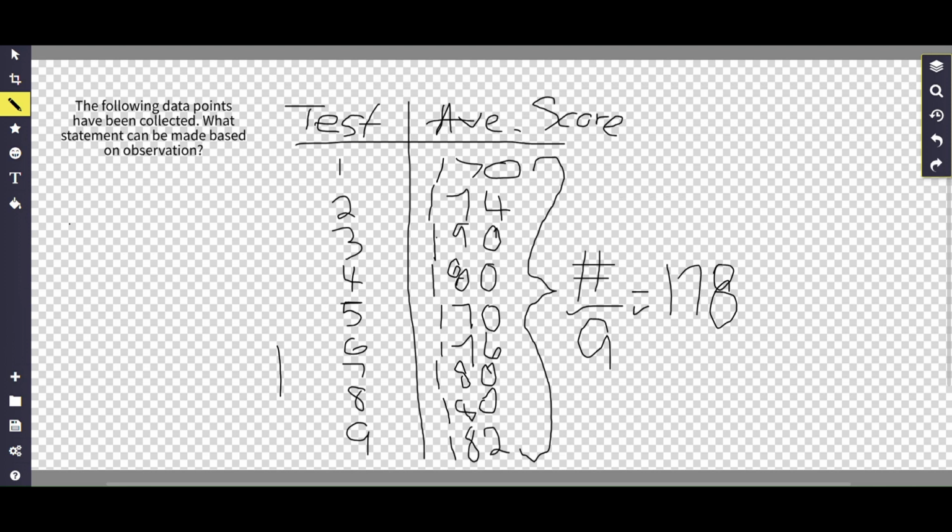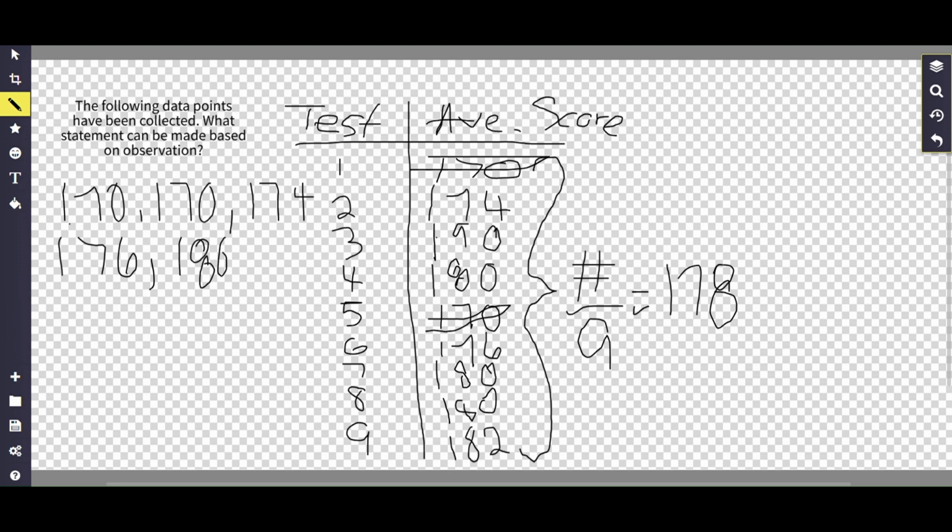In our case, we just need to numerically list them out. So we can start off by writing them out. We have 170, another 170, so we can cross this one out, and this one. Then we've got 174. Then we get 176. Then we get 180.